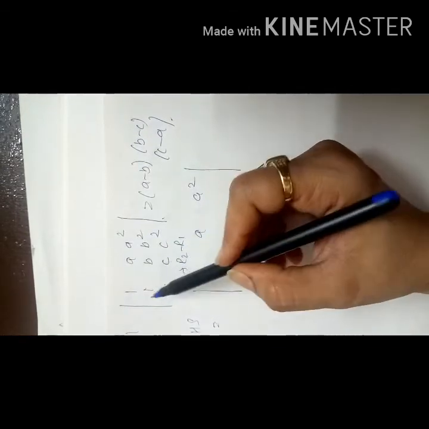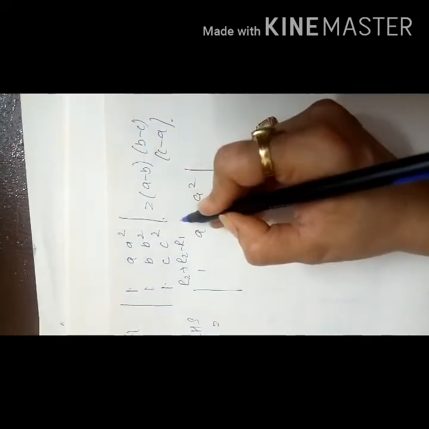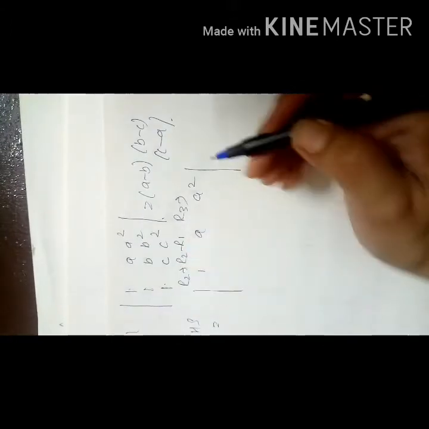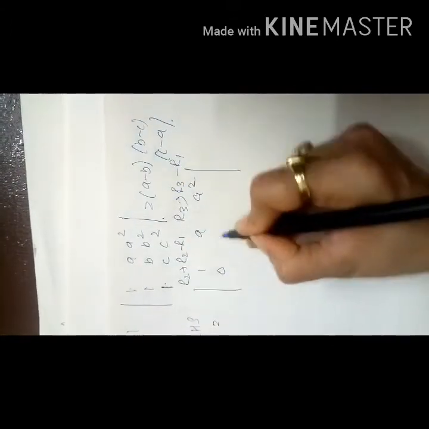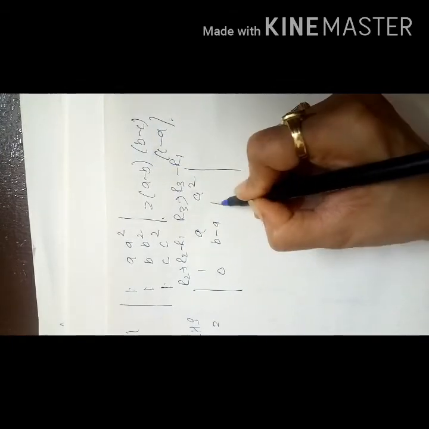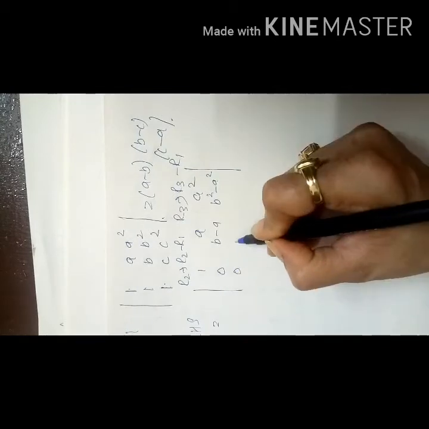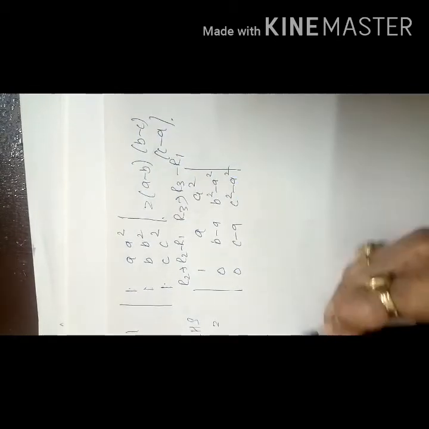As I told you, we have to find maximum 0. So this will be 0. Then R3. Here also 0. So R3 minus R1. So 0, b minus a. Then b square minus a square. Then 0, c minus a, c square minus a square.